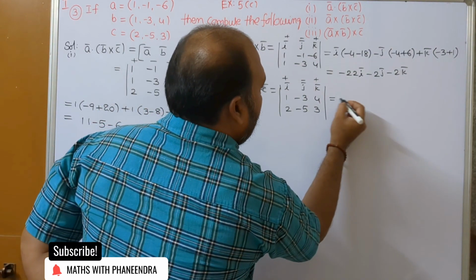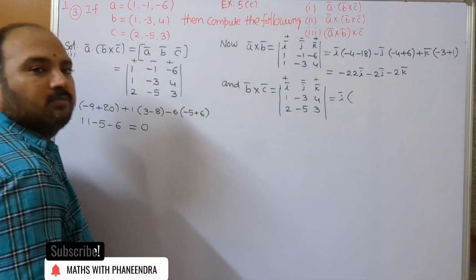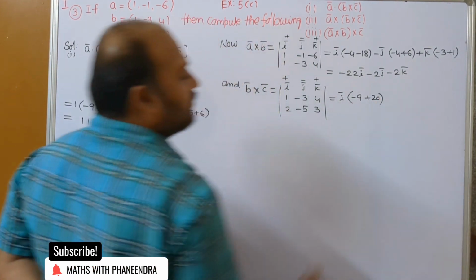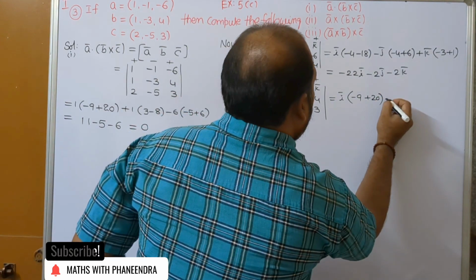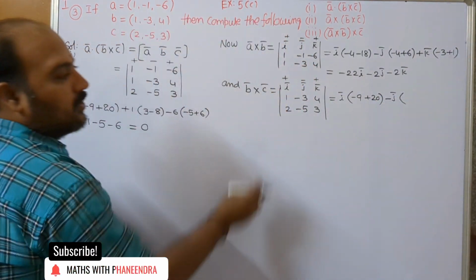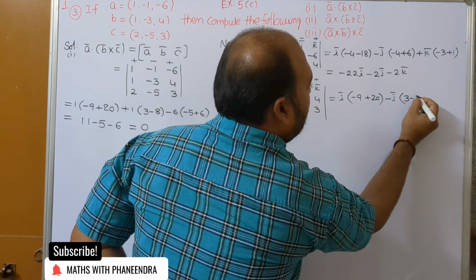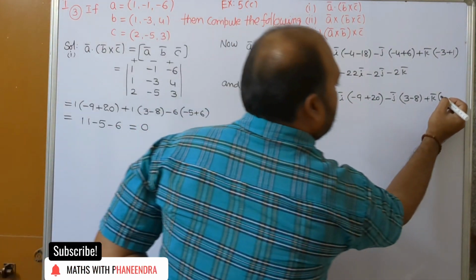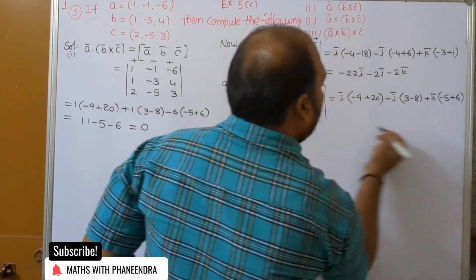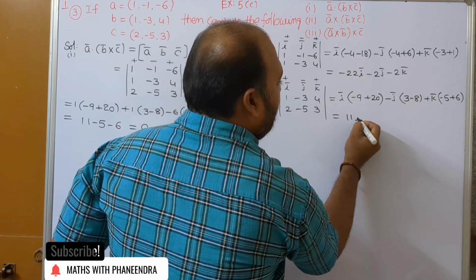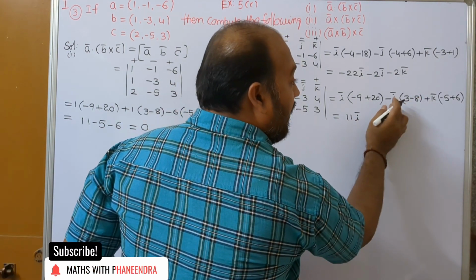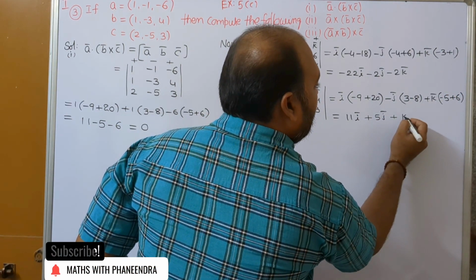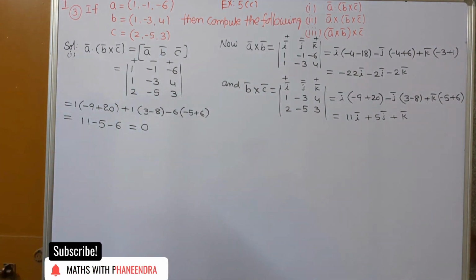So which is equal to I into minus 9 plus 20, minus J into 3 minus 8, plus K into minus 5 plus 6. 11I minus 5 minus J plus 5J plus 1K. 6 minus 5, 1K.